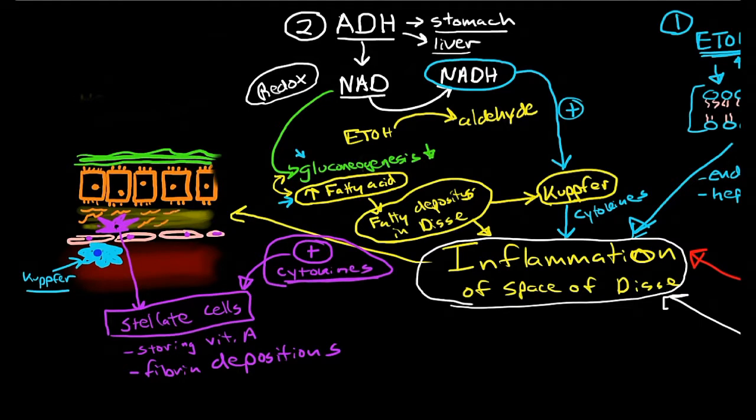They start depositing collagen, fibrin, and proteoglycans, which you will recognize as the components of dense connective tissue. So the stellate cells are stimulated to replace the entire fluid interstitial space of the space of Disse with fibrin scar. This looks like scar tissue anywhere else in the body.